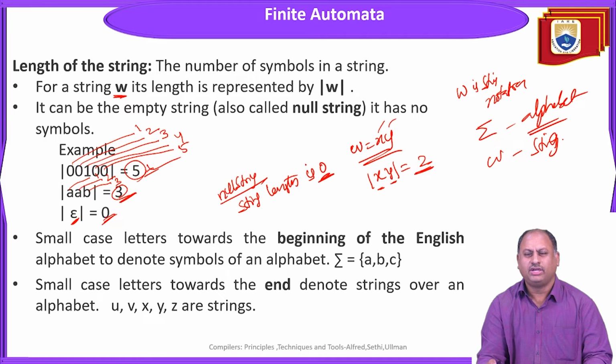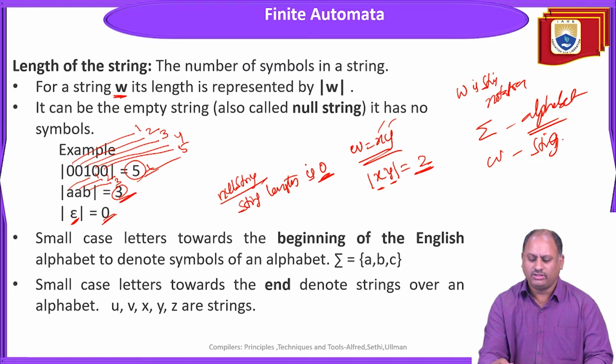While calculating the length of the string, we count how many symbols are available. For XYZ, or A, B, C, B, A, the number of symbols is 1, 2, 3, 4, 5, so the absolute value is 5.